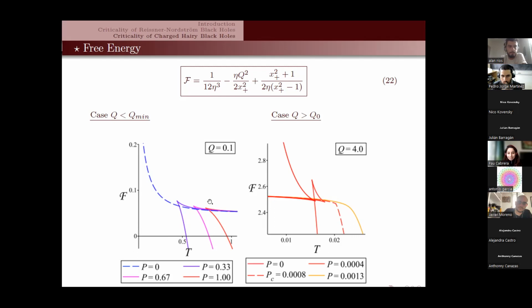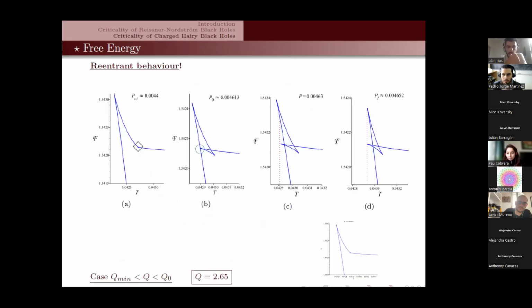And last but not least, the intermediate region, where the most interesting things happen.